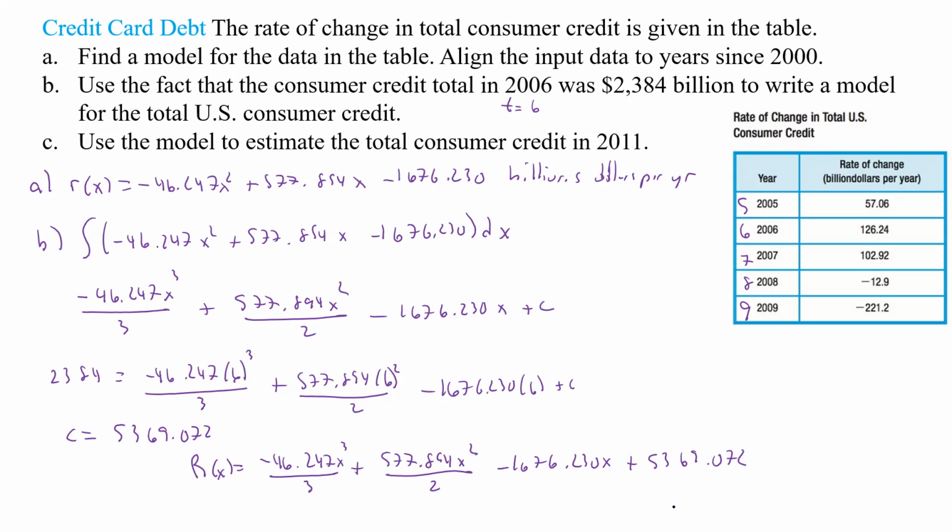So now what we have to do, it says in C, estimate when it's 2011. So that means when T is that. So we need for C, so that's A and B, and then C, we're going to have R of 11.